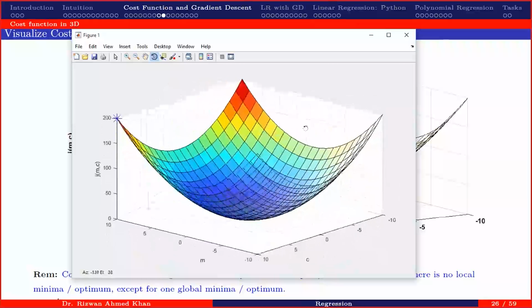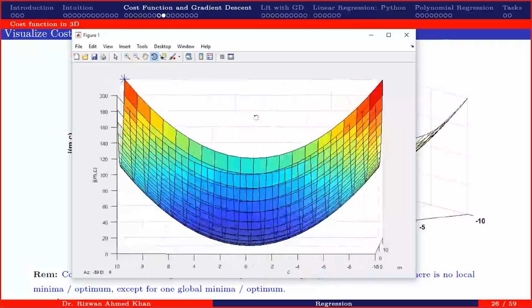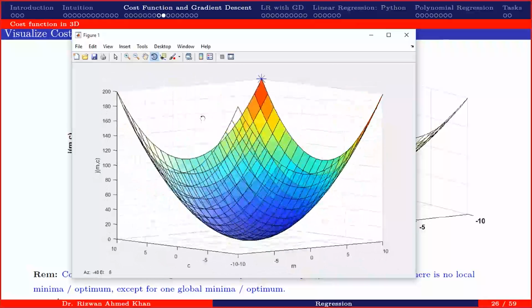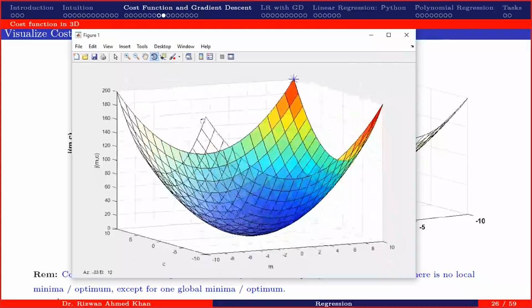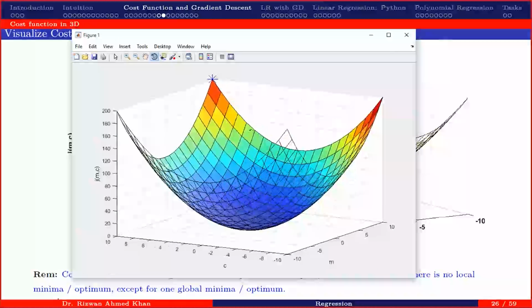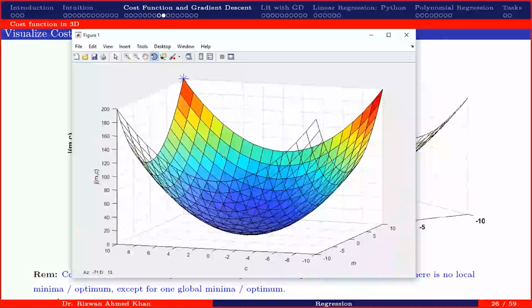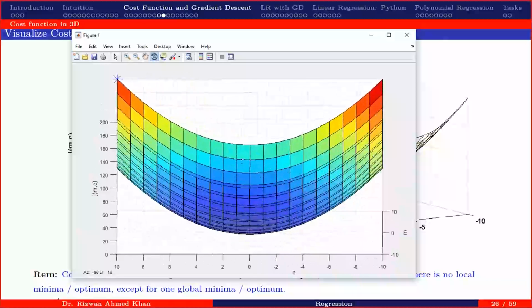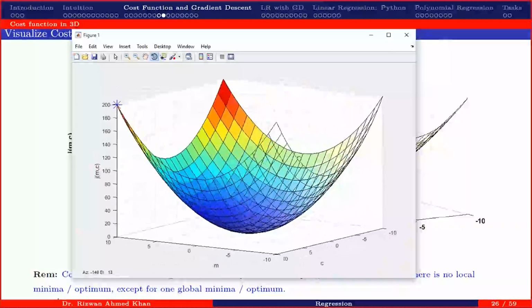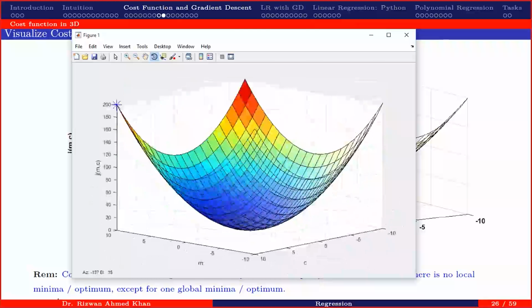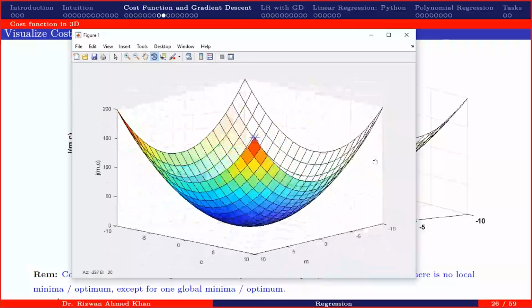If you want to know more about convex functions, please reread your calculus books, because it's interesting to know what a convex function is. In machine learning, we are looking for convex functions for the same reason as discussed in calculus class. So you can see this is a bowl shape function in 3D.